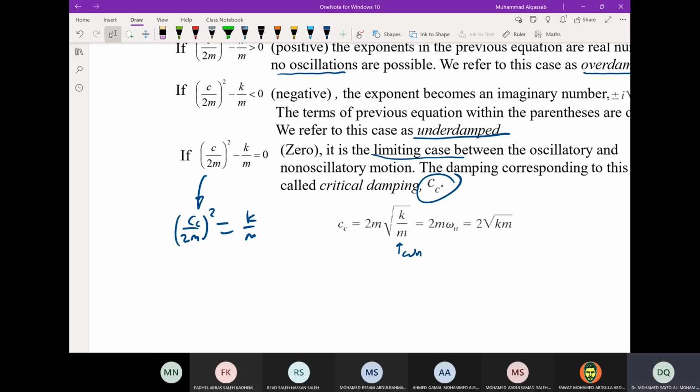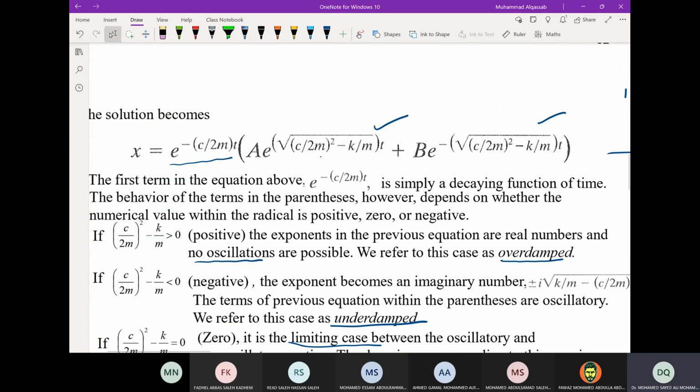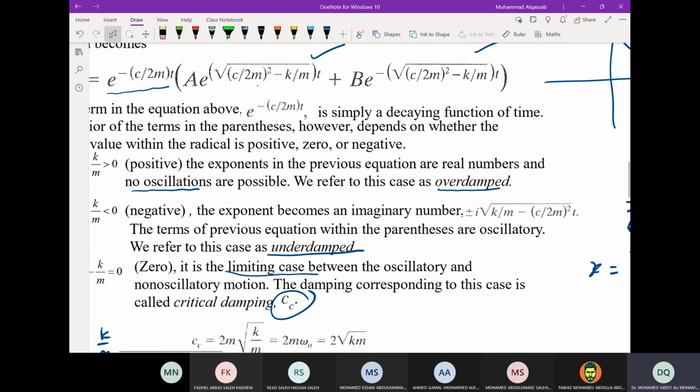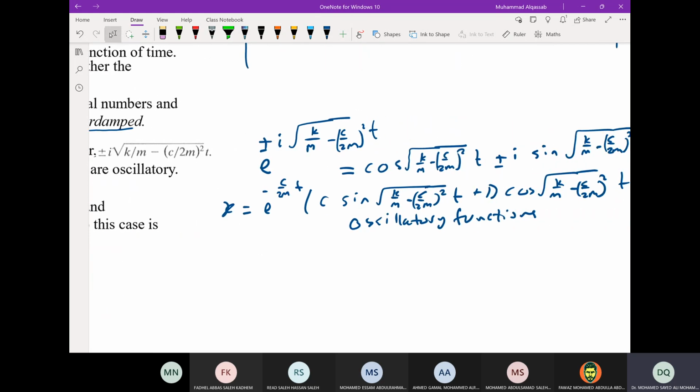As you saw in the overdamped, the equation will be as given here, without any reduction or modification. If you have the underdamped, the equation is now with sine and cosine, not exponential functions.